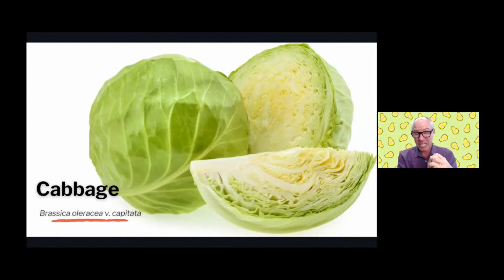This is a plant that obviously could not survive on its own in the wild. This is a mutation, a selection under cultivation that has resulted in Brassica oleracea, the variety capitata, which means it's turned itself into a head. You just might be able to make out in the background this little cone-shaped thing, that's the stem trying to bust free.